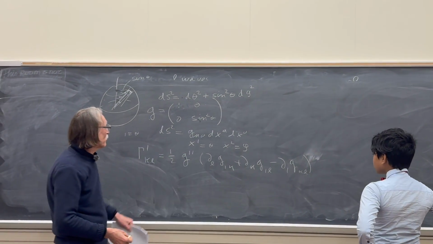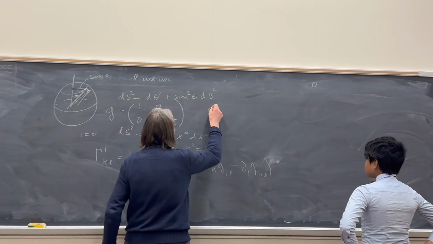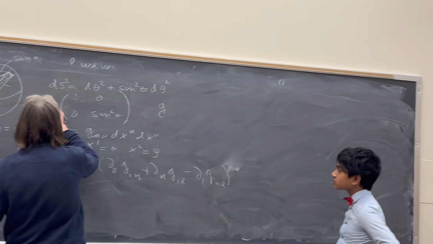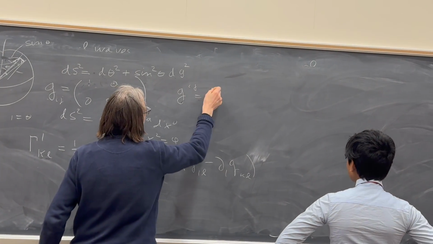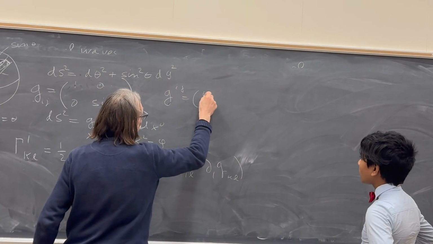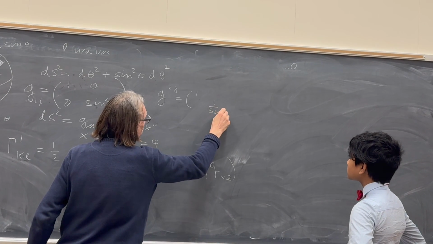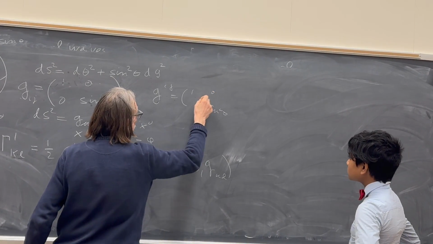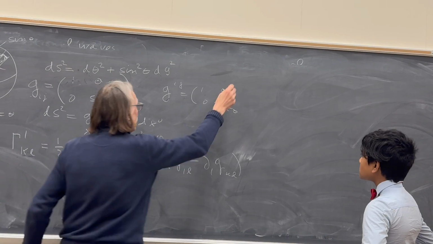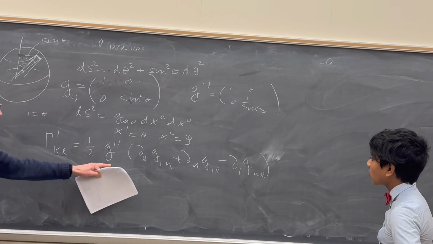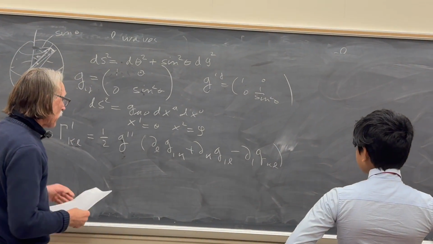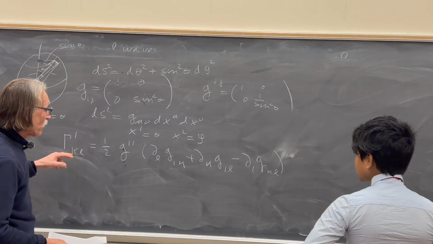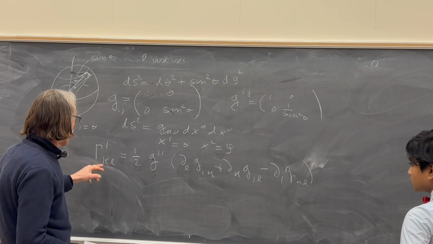This is the inverse of G. So this is G with lower indices. The inverse of G is just this one, 1 over sine squared theta, 0, 0. So we can calculate that. Now we have to look at which ones are non-zero.